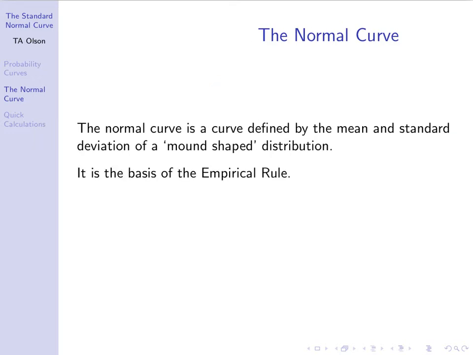The normal curve is the basis of this empirical rule. We have this really nice curve here, and that's the thing that tells us about the 68, 95, 99.7.